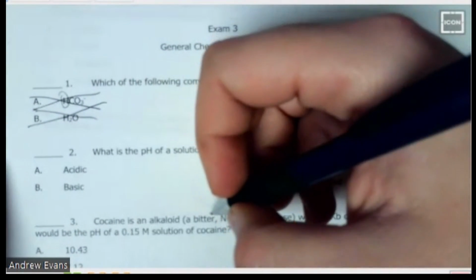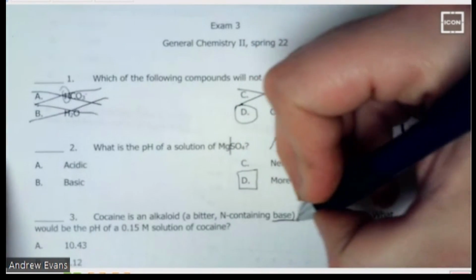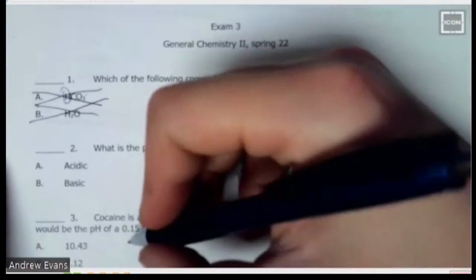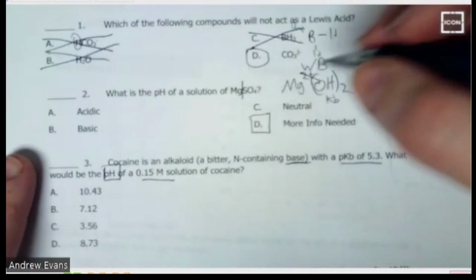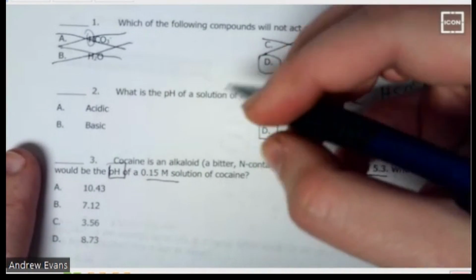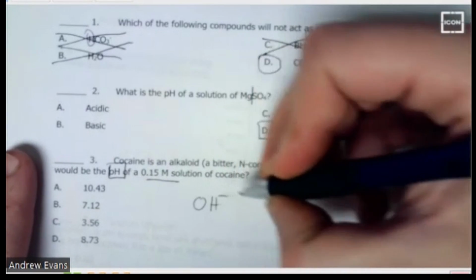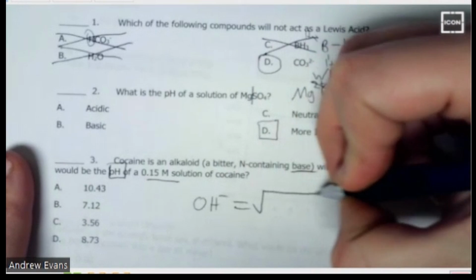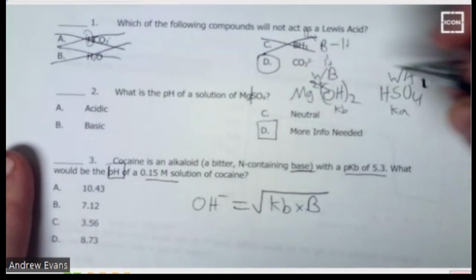Okay, cocaine is an alkaloid, a bitter nitrogen-containing base, pKb of 5.3. What is the pH of a 0.15 molar solution of this? So the rule is that OH- is equal to the square root of Kb times the base concentration.